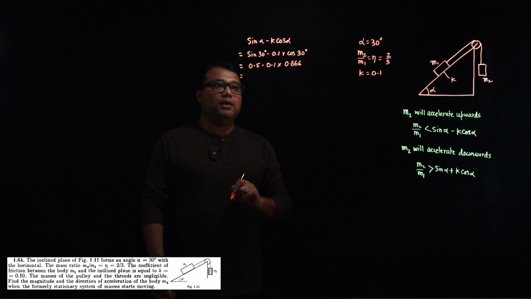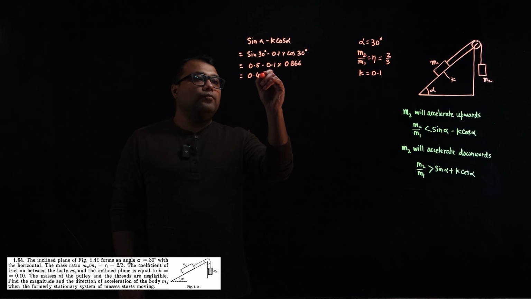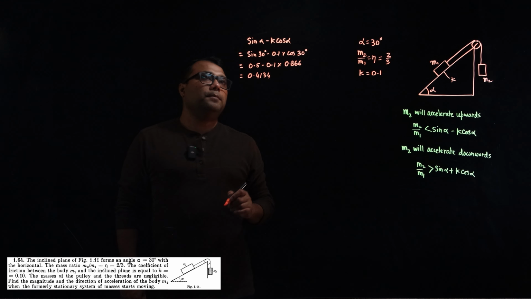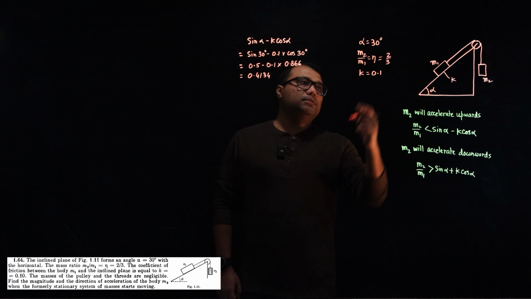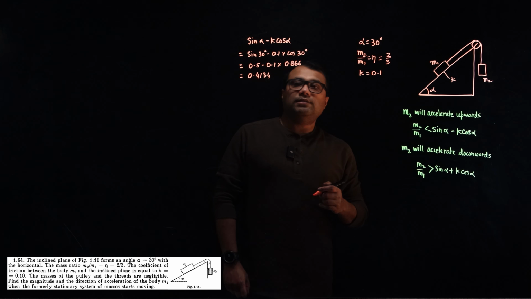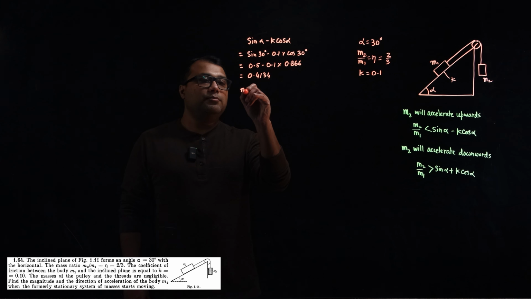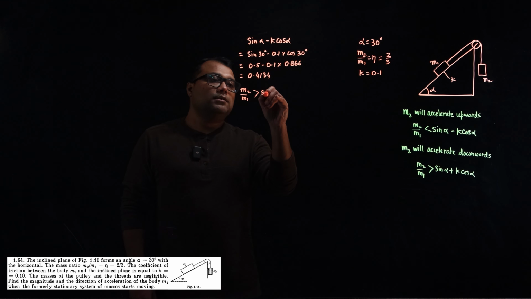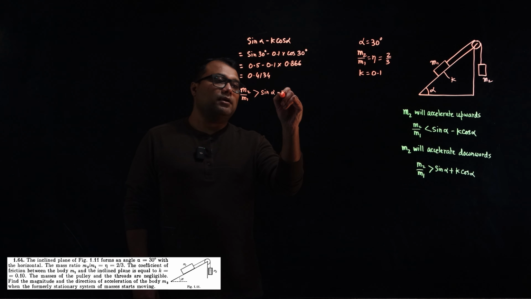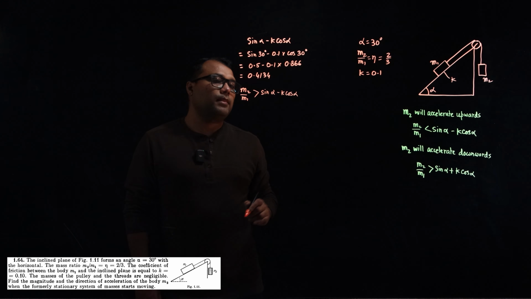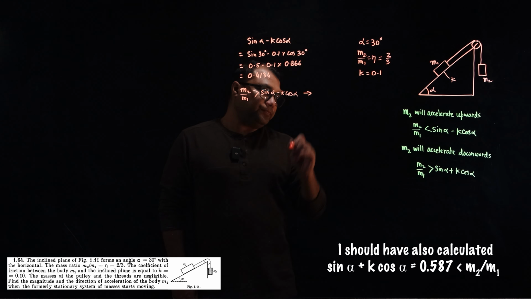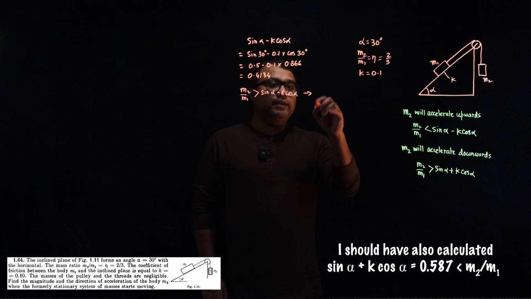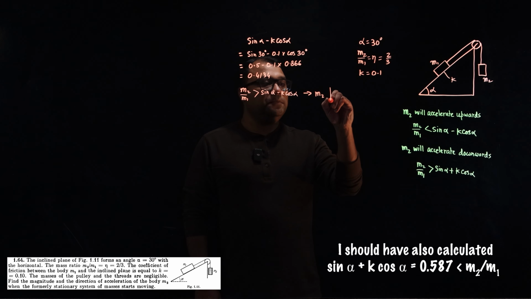This comes out to be 0.4134. Okay. Now, m2 by m1 is 0.67. So, m2 by m1 is greater than sine alpha minus k cos alpha. So, therefore, m2 will accelerate downward.